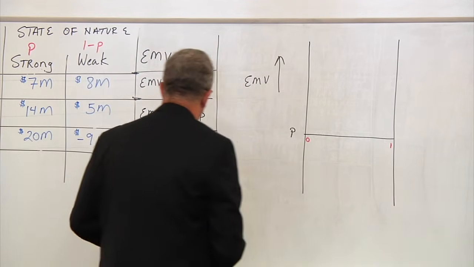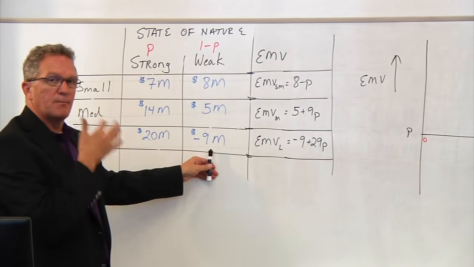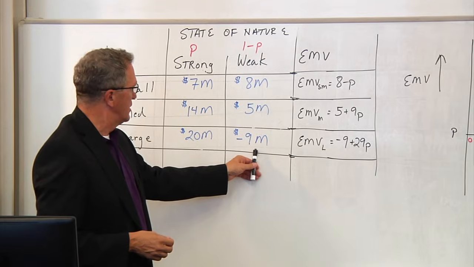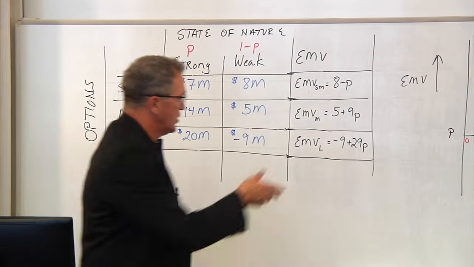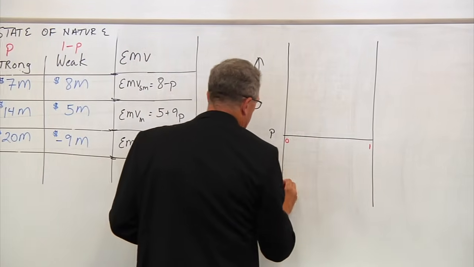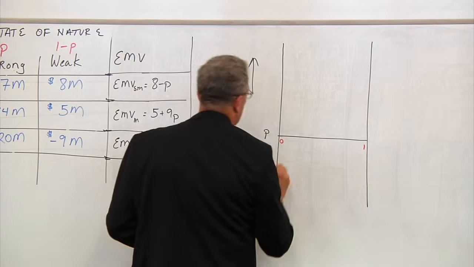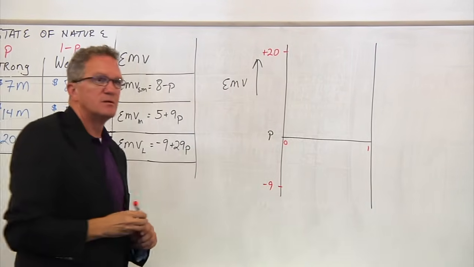Expected monetary value, the lowest number we have, go back to your maxi-min decision earlier, the least we can have is minus 9, the most we can have is 20. So the y-axis is going to go basically from a minus 9 million to a plus 20 million.